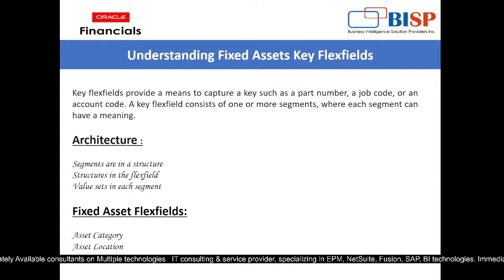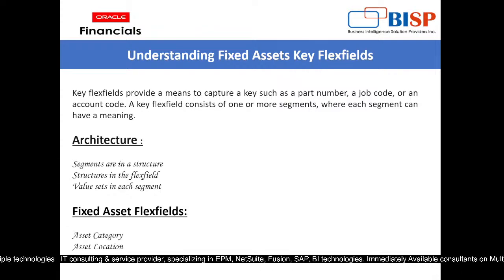So we can configure and maintain key flex field definitions with the manage key flex fields tasks. To get a set of predefined key flex fields, we use the manage key flex field task, which is there in the setup and maintenance area.